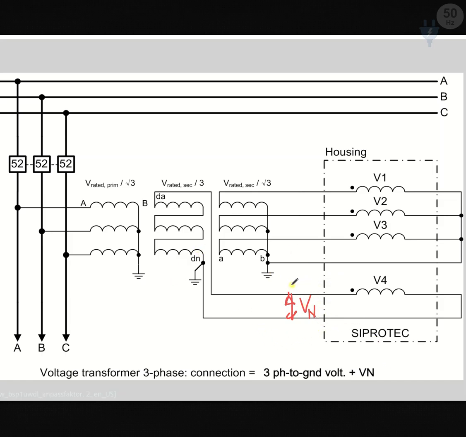If we have a neutral voltage taken from a broken delta winding, then we know that the voltage on each of these phases is the rated voltage divided by 3, and Vn is 3 times V rated divided by 3.